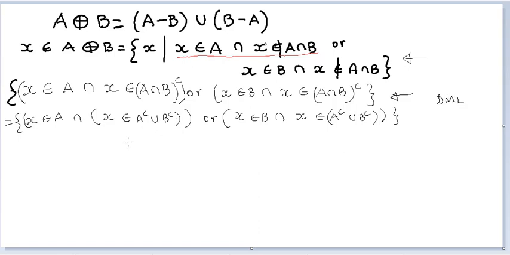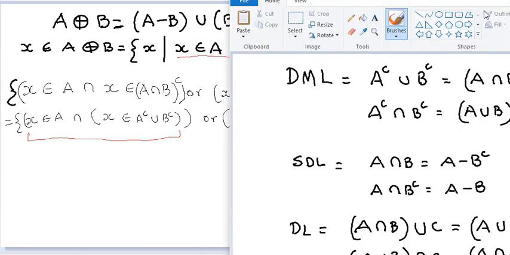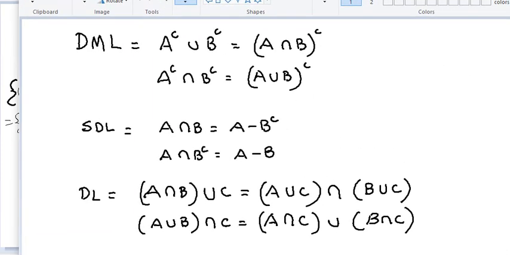Now we need to apply the distributive law. So what does the distributive law state? You see here, we have to take this particular part and apply the distributive law. Here we have an intersection with a union inside, so we have to apply the distributive law, right?